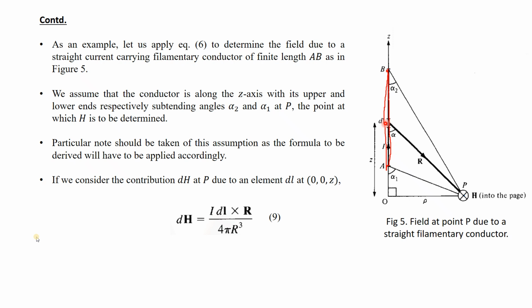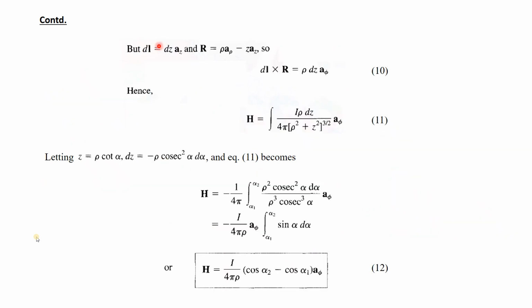So the midpoint of this particular length is over here, and the distance from the midpoint to the point P is r, and the distance from the origin of the Cartesian coordinate system to the midpoint is z, suppose.